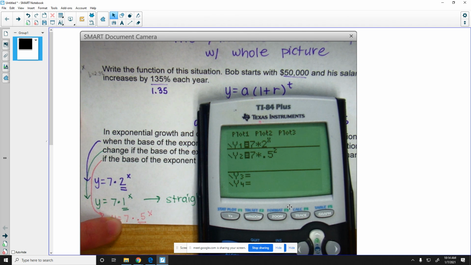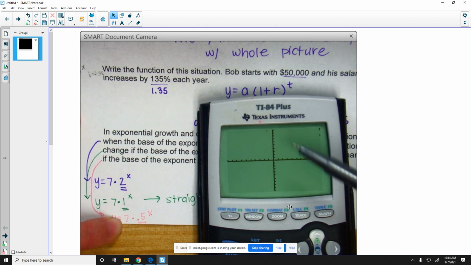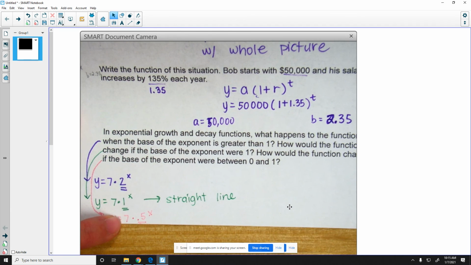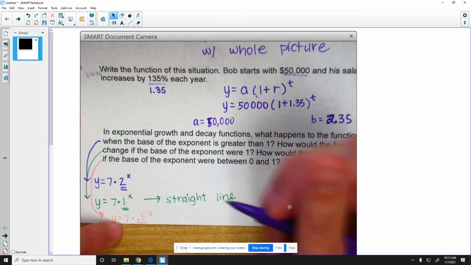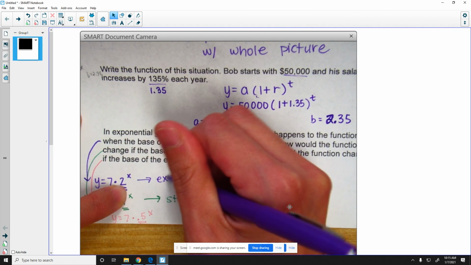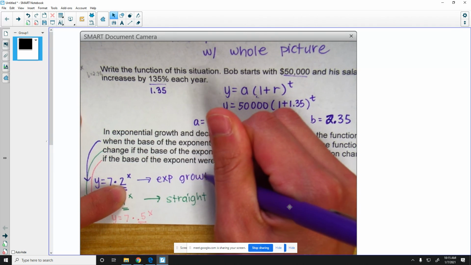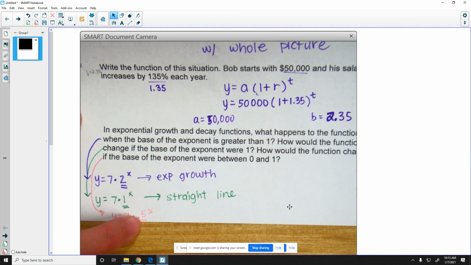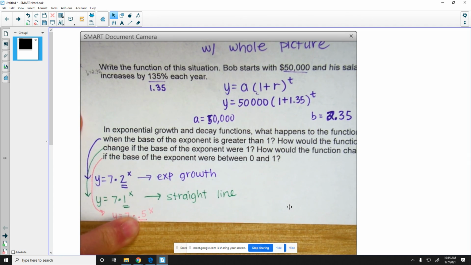Okay, so this is if it's bigger than 1, and this one looks like if it's less than 1. So how can I compare the two? One's an increase and one's a decrease. Yes, one is an increase and one's a decrease. So which one is the increase? The 2. So if it's bigger than 1, then it's exponential growth. But if it's less than 1, then it's exponential decay.